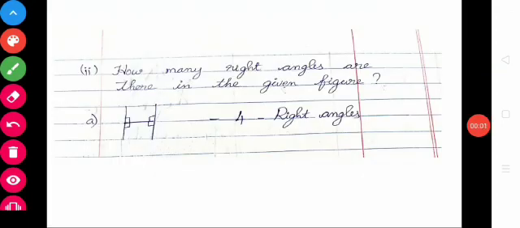And then next, find the angles in the alphabets. How many right angles are there in the given figure? 1, 2, 3, 4. 4 right angles.